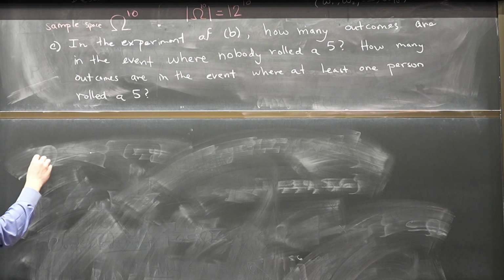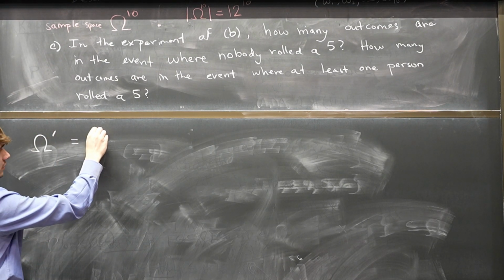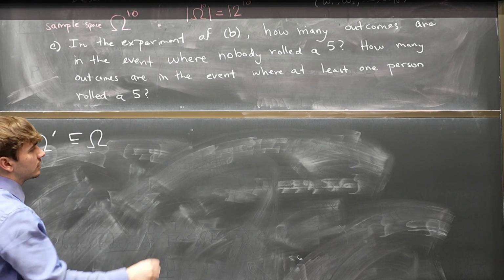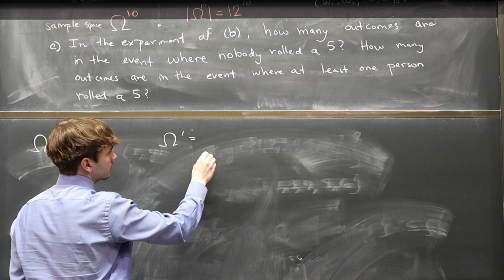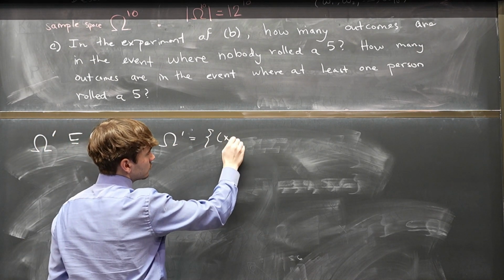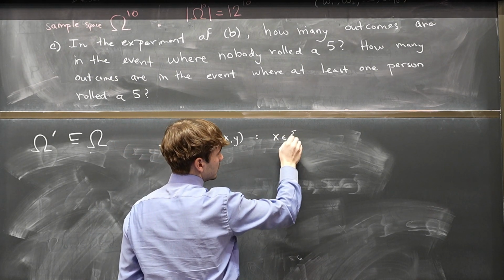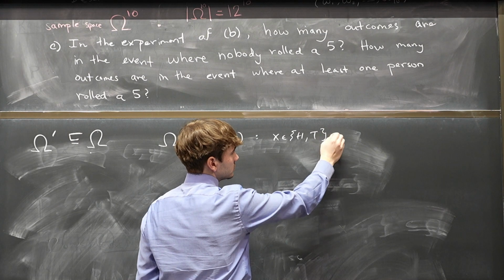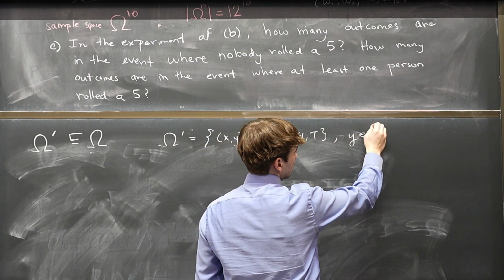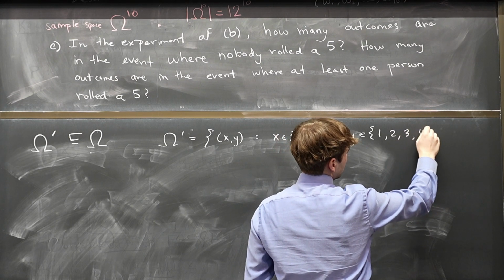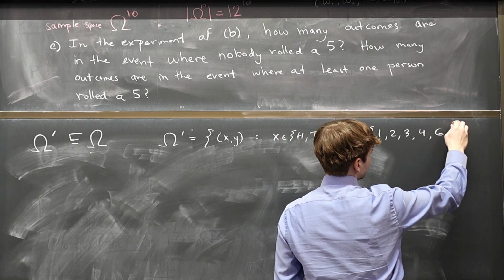So omega prime, let's say, is going to be a subset of our original set, and it's going to be the set of x, y such that x is still allowed to be heads or tails, and now y, the outcome of the die roll, must belong to this set 1, 2, 3, 4, 6.